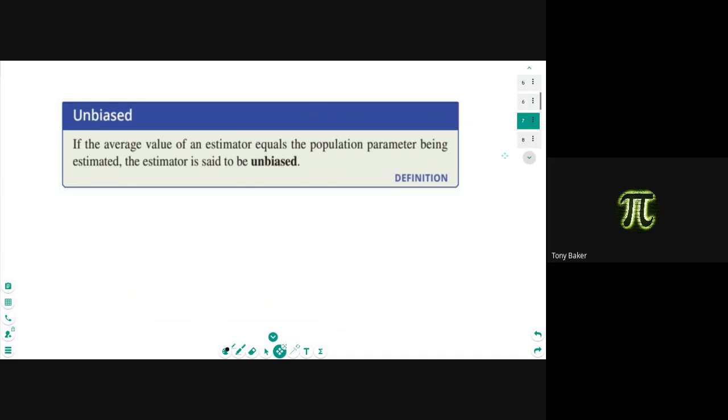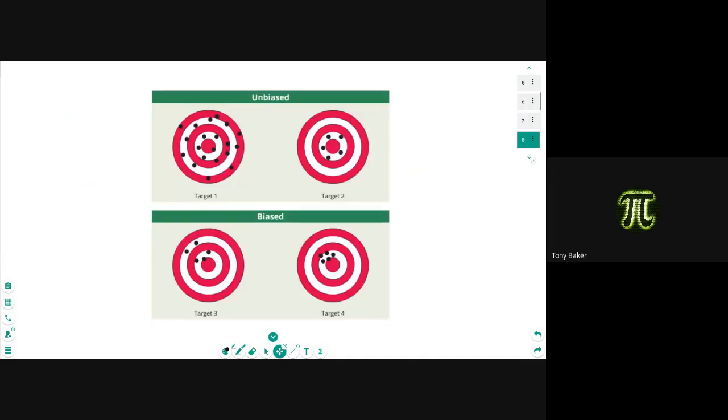All right. These two targets up here are unbiased. These two targets are biased. All being close to the value you want does not mean they're less biased. Okay. So this is more scattered, but if you look at it, it's scattered pretty evenly.